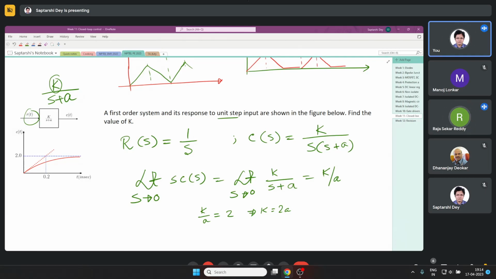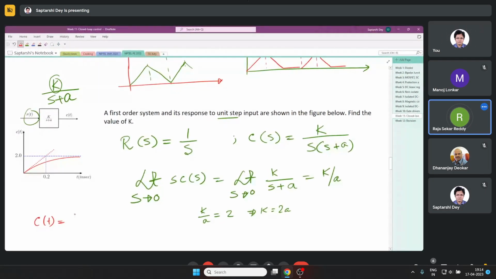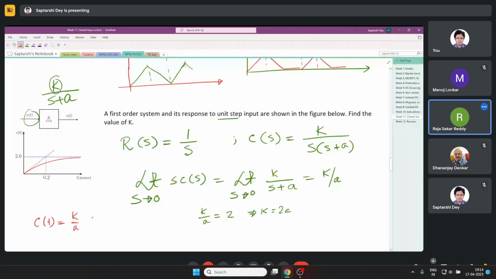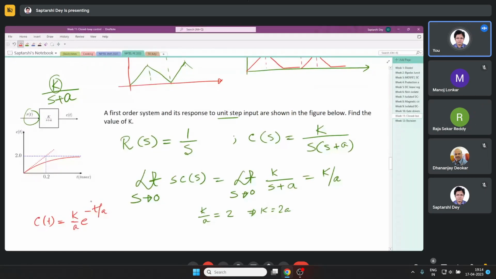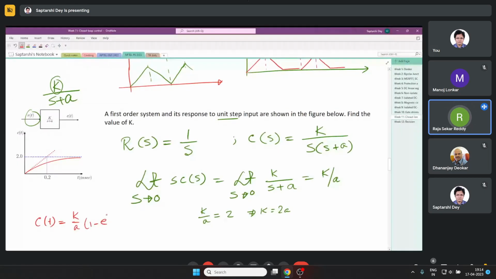Yes, sir. C(t) equals k by a into 1 minus e to the power minus at.